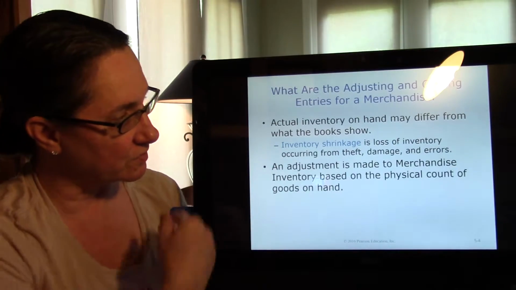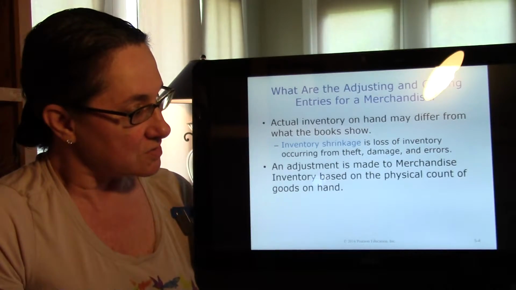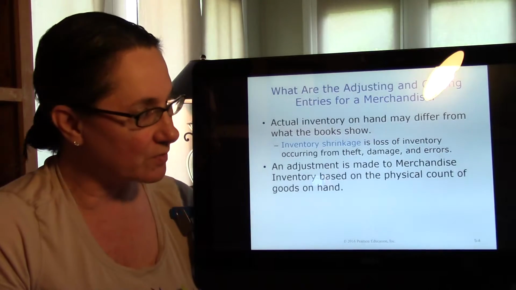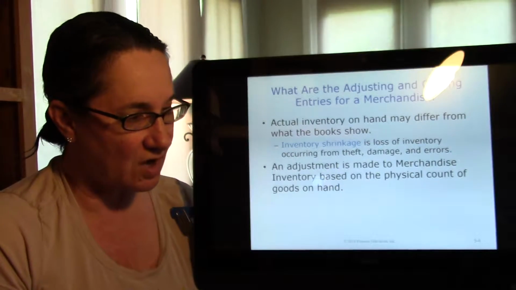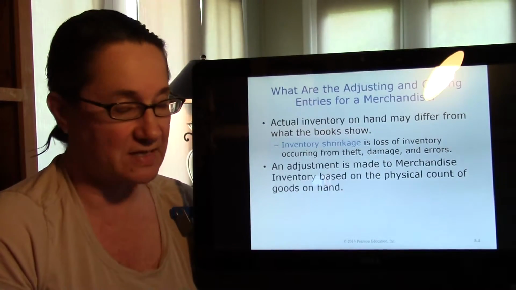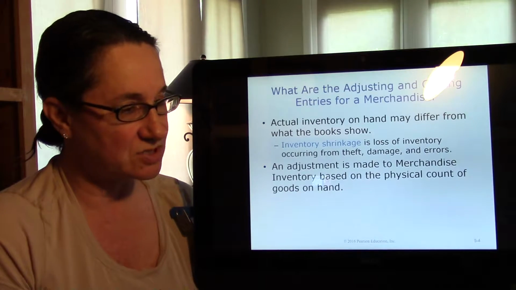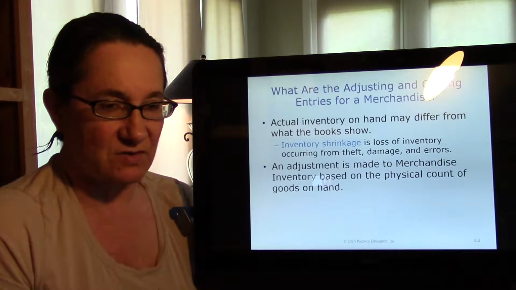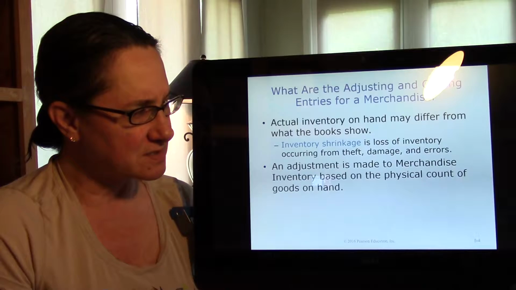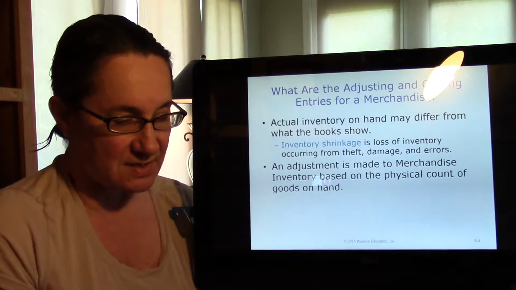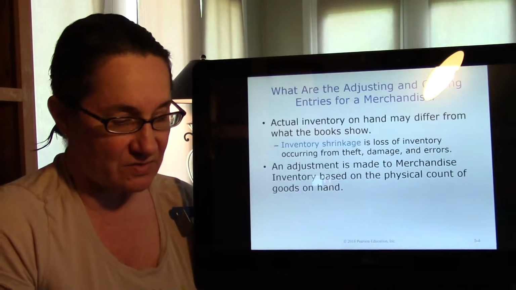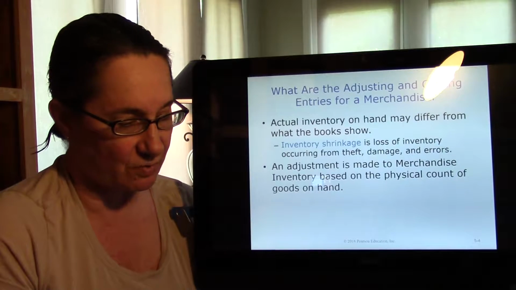So you have to reduce merchandise inventory. Your shrinkage, sometimes they'll call it shrinkage expense, inventory shrinkage. So that's obviously your debit. Your expense is always your debit. Some places might actually debit merchandise inventory. You'd have to do that to get rid of any damaged inventory.